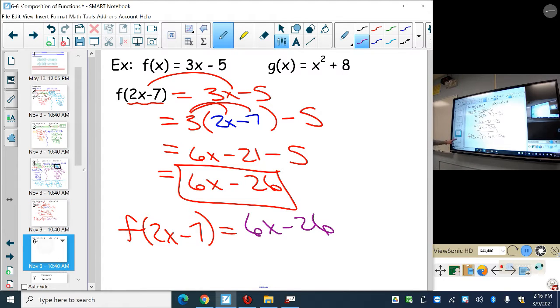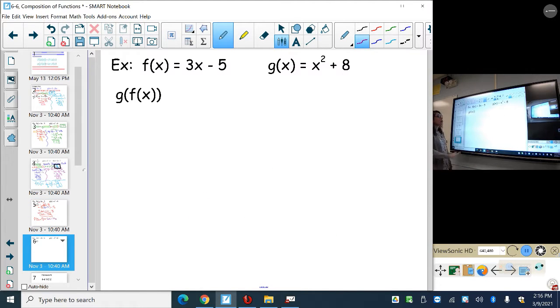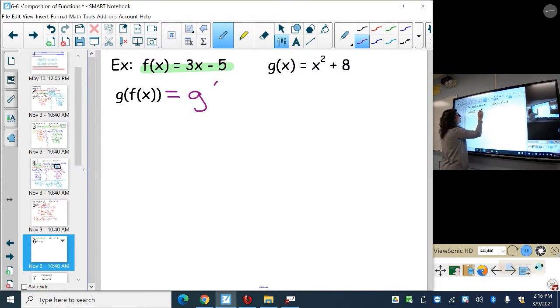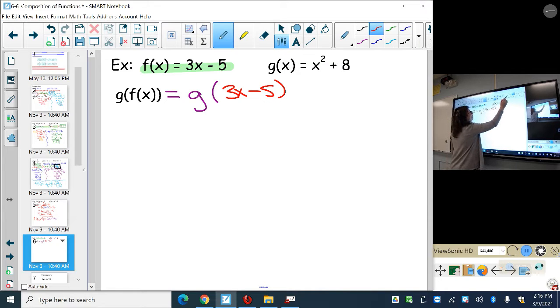Okay? Next, same 2 functions, but this time I'm doing g at f of x. Well, what is f of x described to be? f of x is 3x minus 5. So I'm going to have g of 3x minus 5.